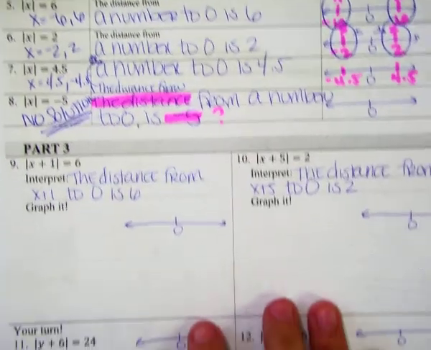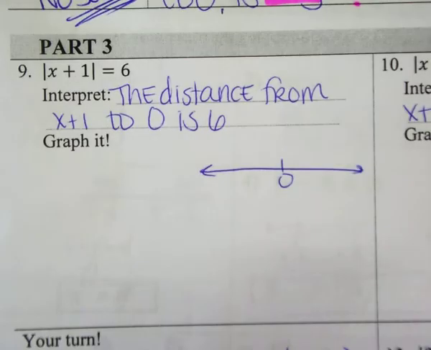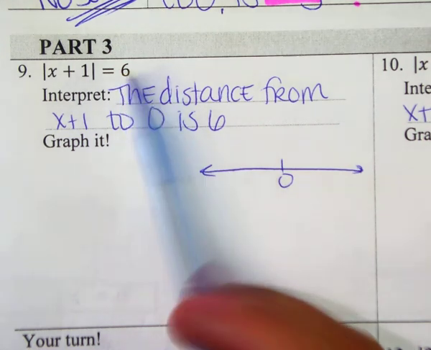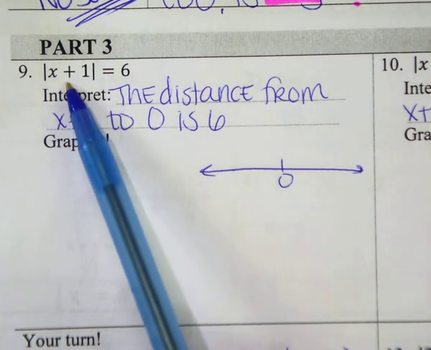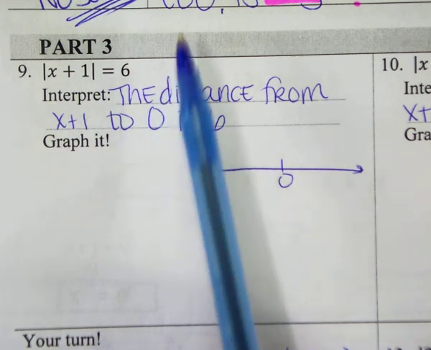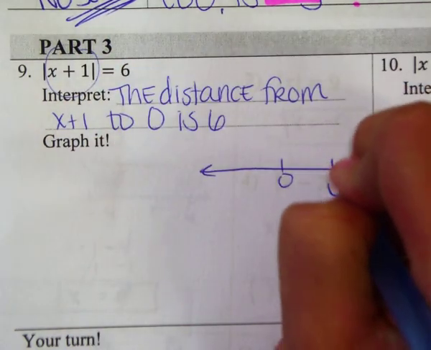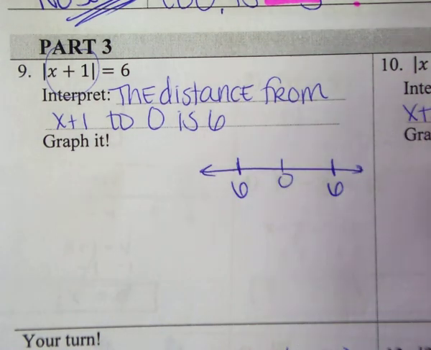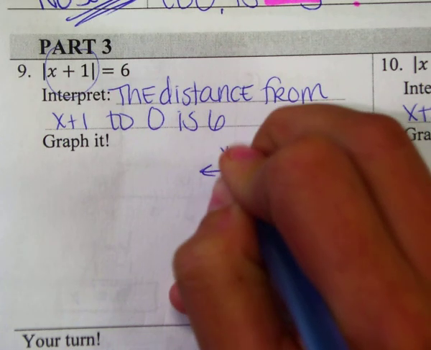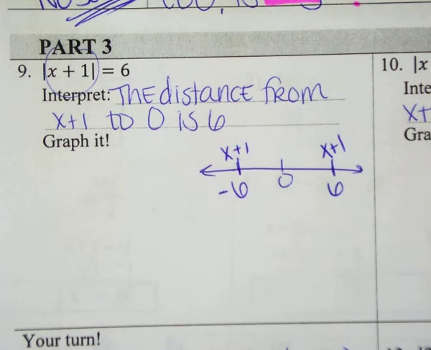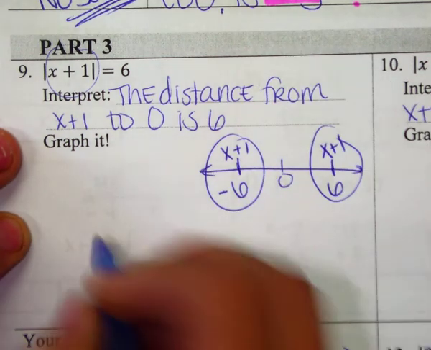So how does this apply to algebra? Algebra can get a little bit tougher because you have problems that look like this. This says the distance from x plus 1 to 0 is 6. So this expression is 6 units away. This expression could either be at 6 or it could be at -6. So to solve for x, we actually have two different equations.